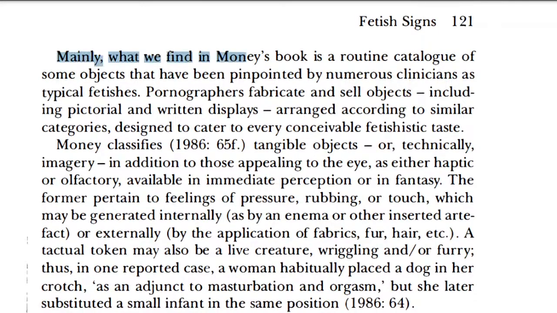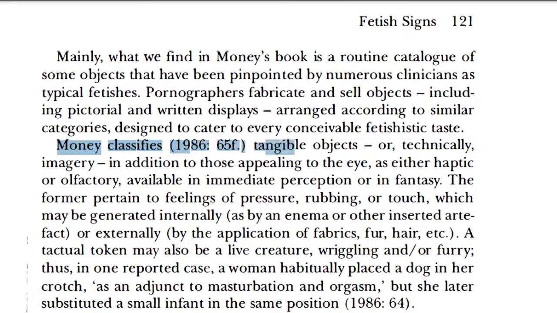Mainly, what we find in Money's book is a routine catalog of some objects that have been pinpointed by numerous clinicians as typical fetishes. Pornographers fabricate and sell objects, including pictorial and written displays, arranged according to similar categories, designed to cater to every conceivable fetishistic taste.